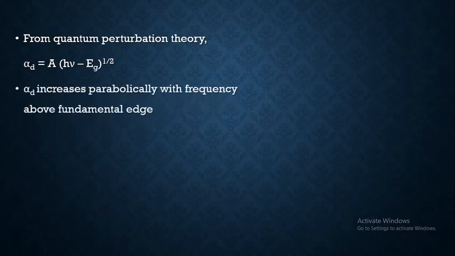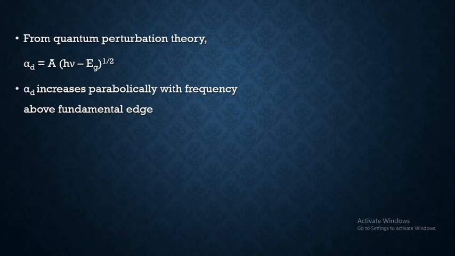So alpha d is the absorption coefficient for a direct band gap semiconductor. Direct band gap means the top of the valence band and the bottom of the conduction band exist at the same K value.